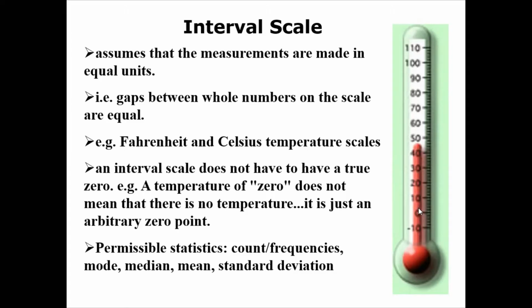And the origin point means 0. What do you mean by 0? 0 would say that there is no temperature, so it is not possible. So this 0 is just an arbitrary number. It is used just for the origin of the scale.